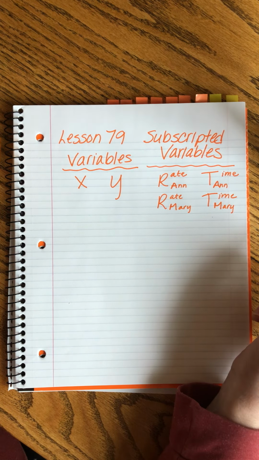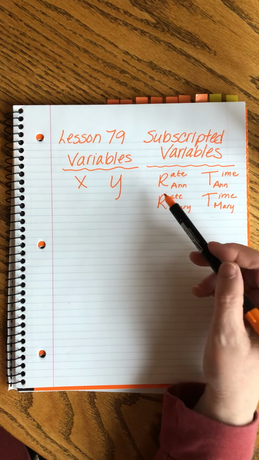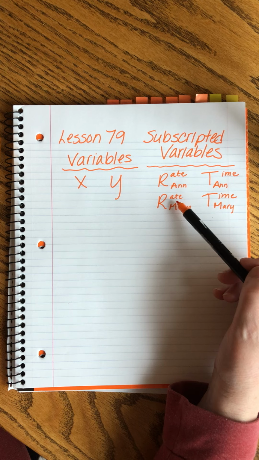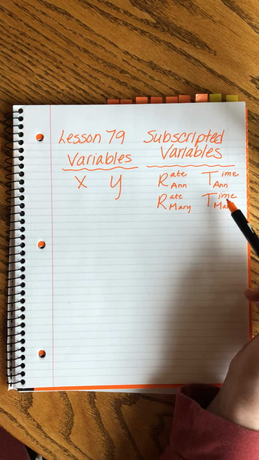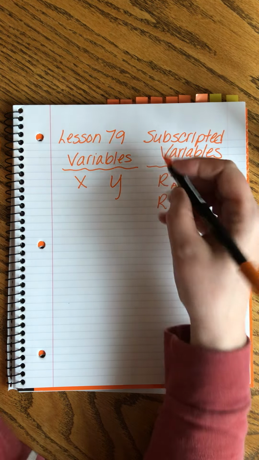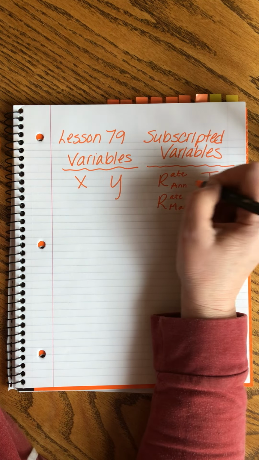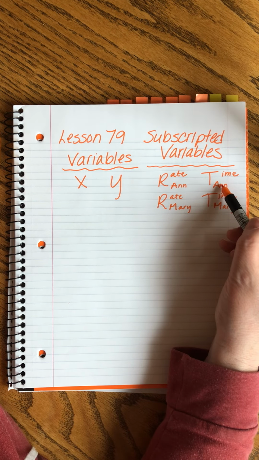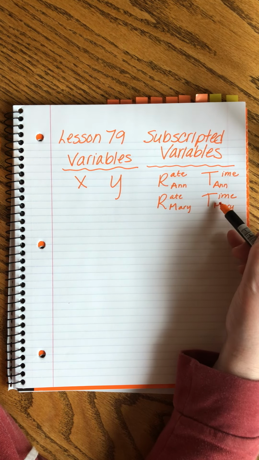We will be doing problems like this, where Anne and Mary are going on trips and we find out about the rate at which they travel and the time that it takes them. So this variable, RA, would be Anne's rate. This would be Anne's time, Mary's rate and Mary's time.